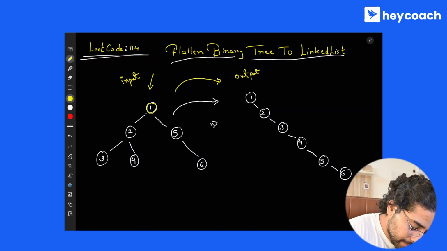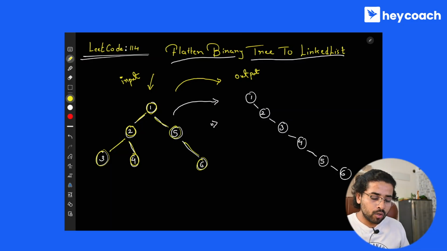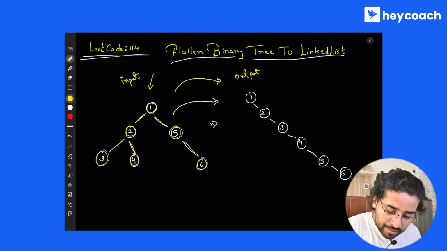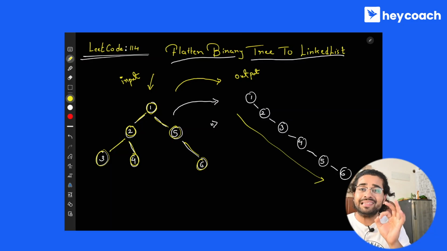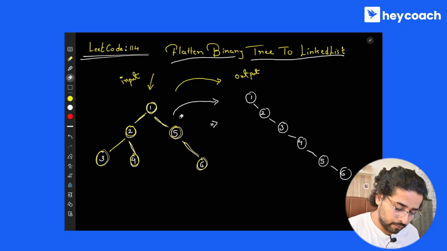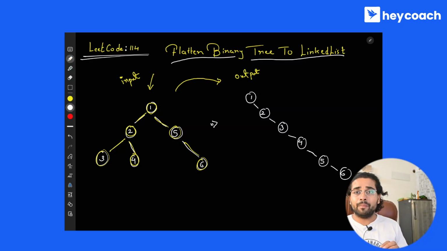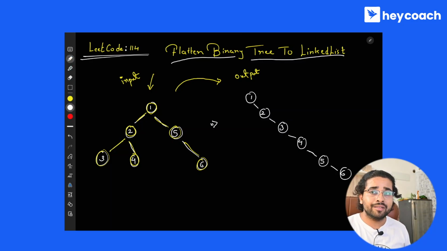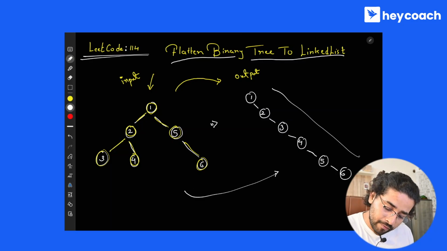So it will print 0, then going down it will print 2, then 3, then 4, then 5, and at the end it will print 6. This linked list follows this same sequence. We saw the pattern: using pre-order traversal we can derive this sequence.